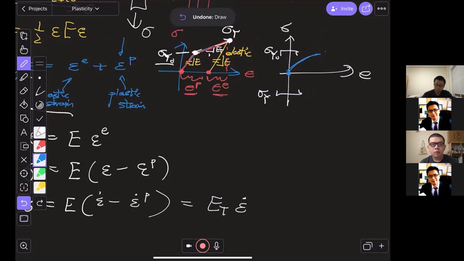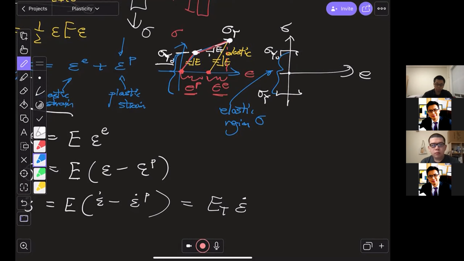Now, this portion of the material is called the elastic region, and it is defined by this. In general, they're defined by stress. If they are defined by stress, it's called stress-based plasticity. 99% of stress-based plasticity defines the yielding in terms of stress, including the undergrad Mohr-Coulomb criteria.